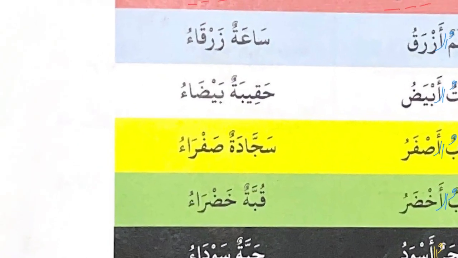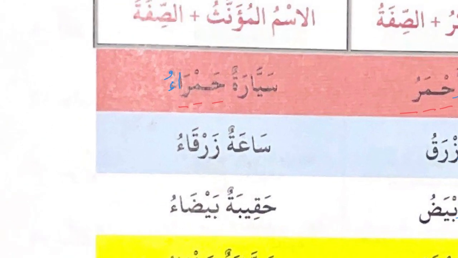And for muannas, it is the same thing. You add alif lam at the beginning of both words. So we say as-sayyaratu al-hamra. As-sa'atu az-zarqa. Al-haqibatu al-bayda.